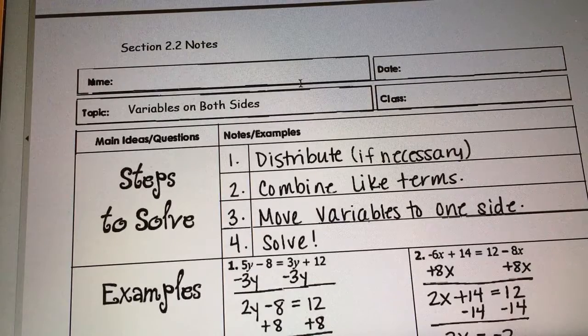First, distribute if necessary. Second, combine like terms on each side. Then, if you have variables on both sides, you choose which side you want the variables to move to and move them there. And then you finish by just solving like we learned in Unit 1.